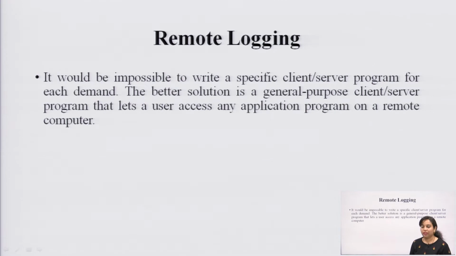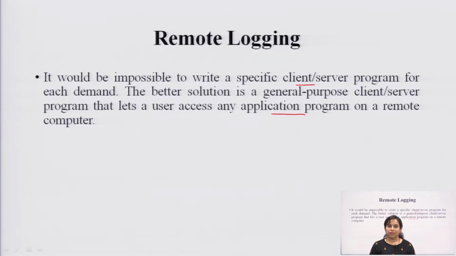In case of remote logging, it would be impossible to write a specific client or server program for each demand. So, the better solution is a general purpose client server program that lets a user access any application on a remote computer. First, we will discuss what a client server is.